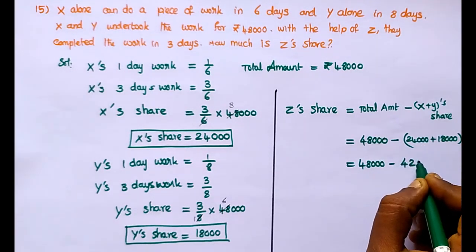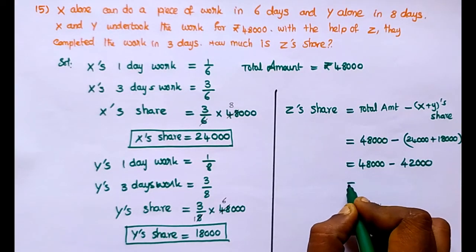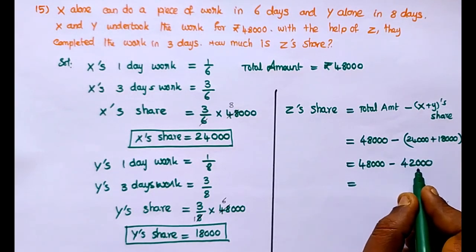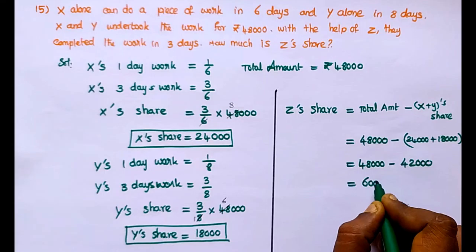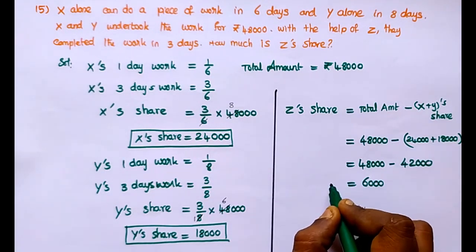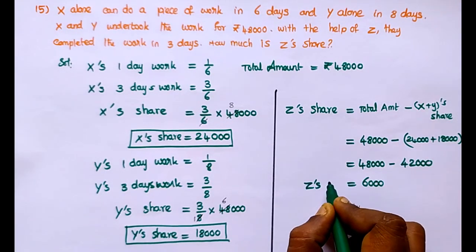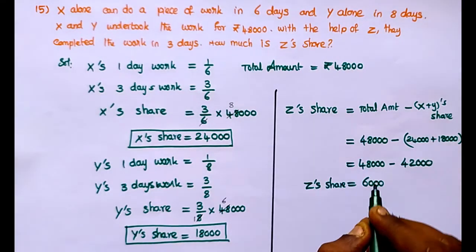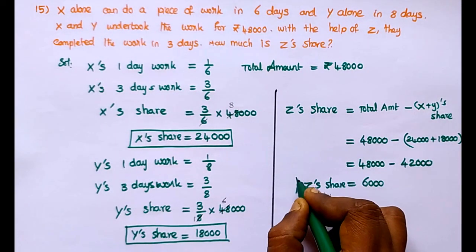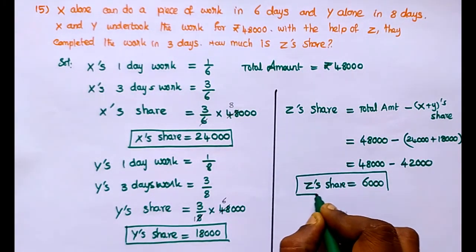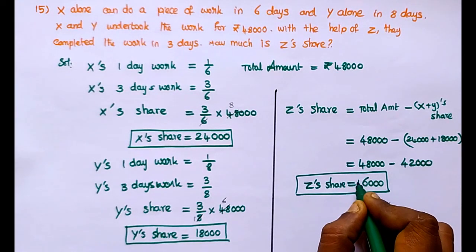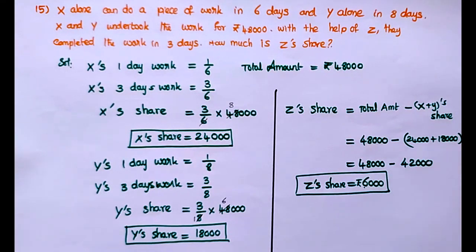How much? 42,000. So 48,000 minus 42,000, 6,000 is Z's share. So that is the answer.